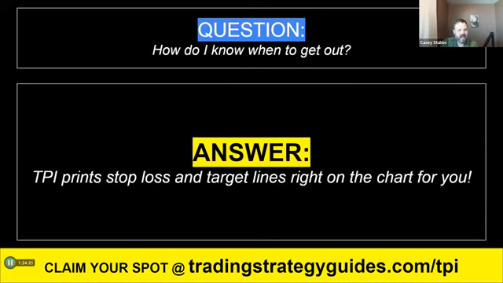Question: how do I know when to get out? TPI prints stop loss and target lines right on the chart for you. So how do I know when to get in and when to get out? It has target and take profit lines right on the chart for you. The one thing I want to say about this is you have to learn how to do good money management, because it's not get rich quick.